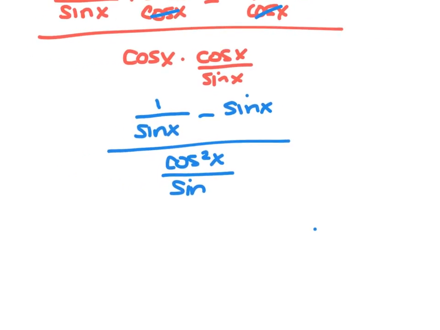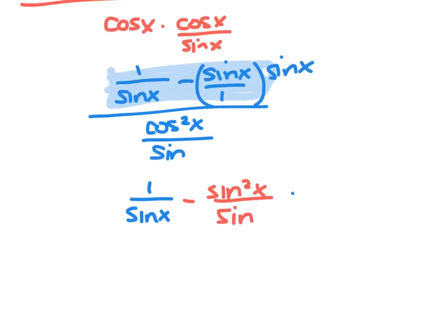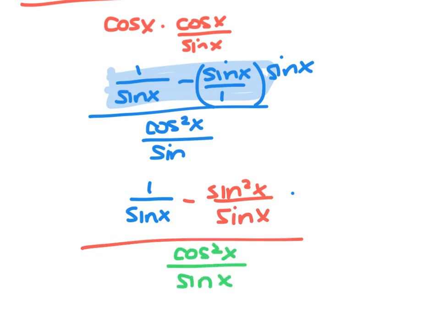And then I've got to work with the numerator, so I need to make this one term. So sine over 1 has to get multiplied by sine in both the top and the bottom. And I get 1 over sine x minus sine squared x over sine x all over cosine squared x over sine x.